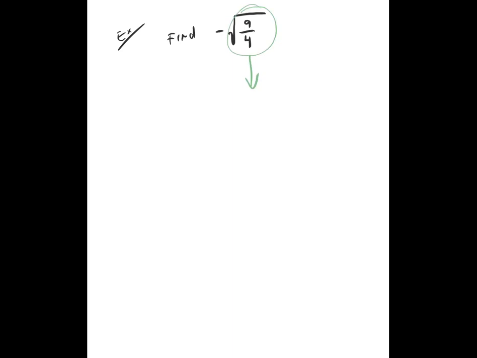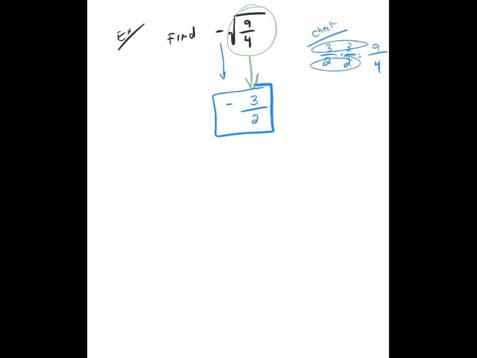Well, what number can we multiply to itself to get 9? That's a 3. What number can we multiply to itself to get 4? Well, that's a 2. And then we bring the negative sign down. So this here is our answer: 3/2 times 3/2 gives us 9/4. Another nice example. I really encourage you to be comfortable with your calculator.